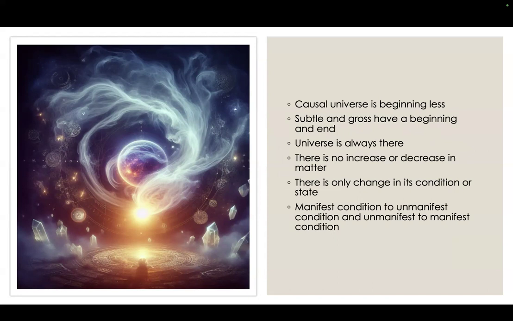And the universe is always there, either in manifest form for us to understand, or in unmanifest form, which we are not able to feel, or not in tangible form. And there is no increase or decrease in matter. It is only the interchange of energy to matter and matter to energy. That is, only the condition or state is changed, from manifest condition to unmanifest condition, and unmanifest condition to manifest condition.